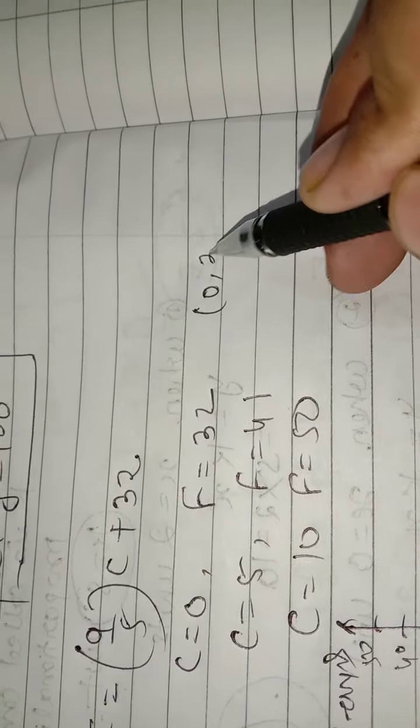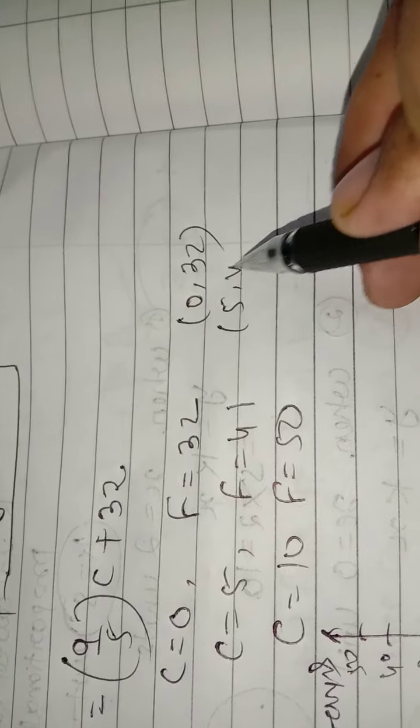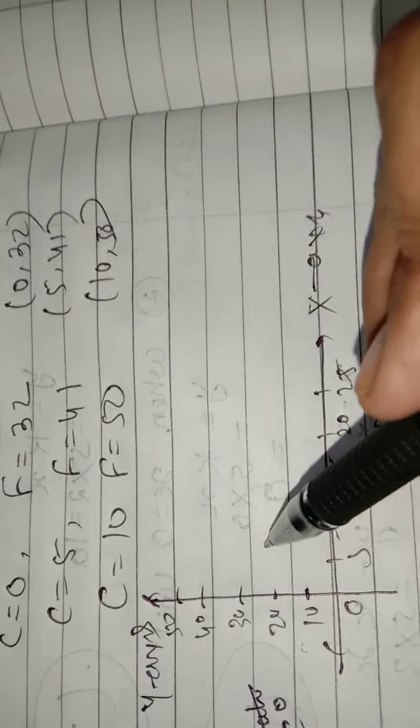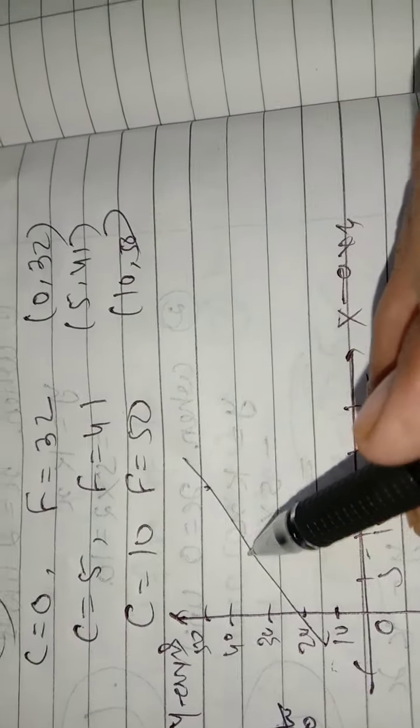How to make the pairs now? The first pair is 0, 32, the second is 5, 41, and the third is 10, 50. You draw the graph and you will get a straight line like this. Please draw this graph on graph paper.